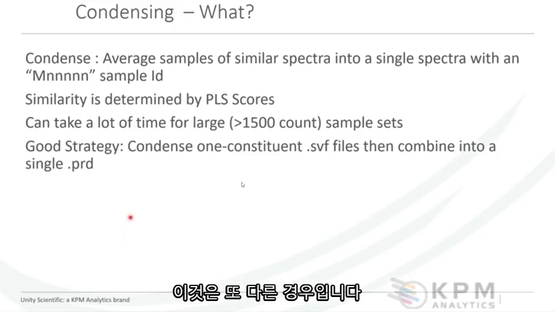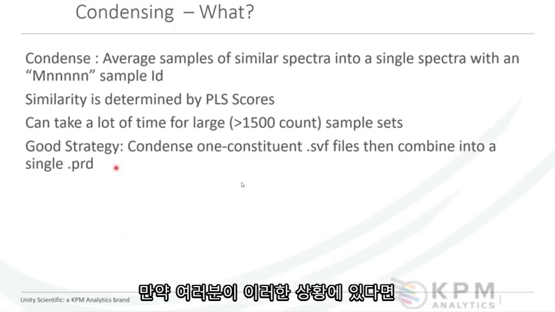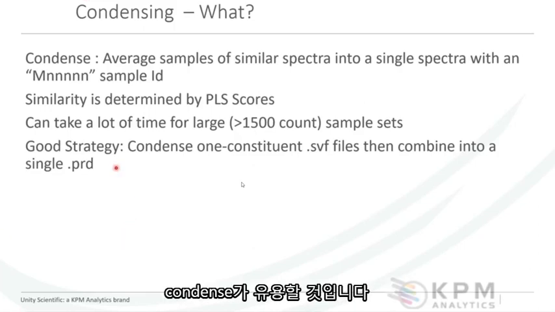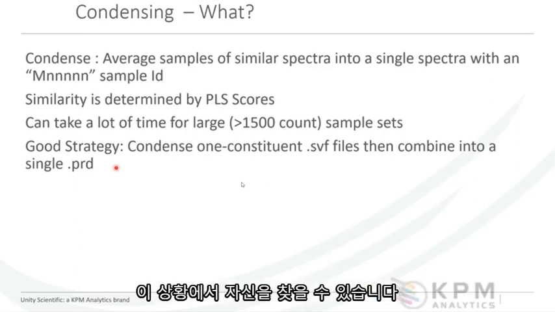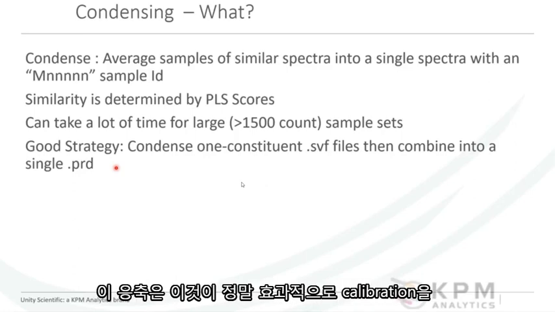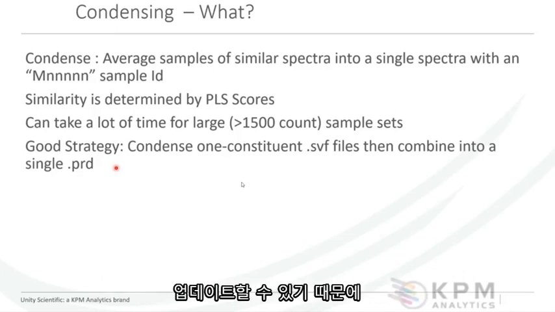This is another case, contact us if you have a situation where you think condensing might be useful. I wanted to introduce it into this class because I wanted to plant this idea with everybody. For customers and users that find themselves in this situation, condensing can be a lifesaver because you can really effectively update your calibrations.